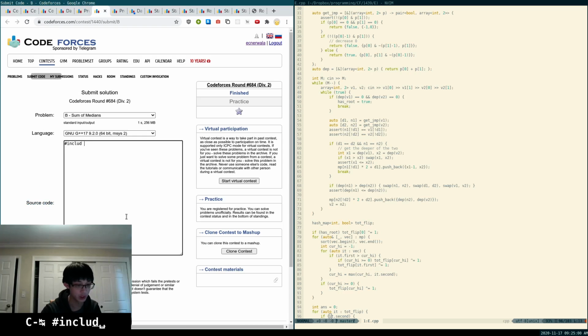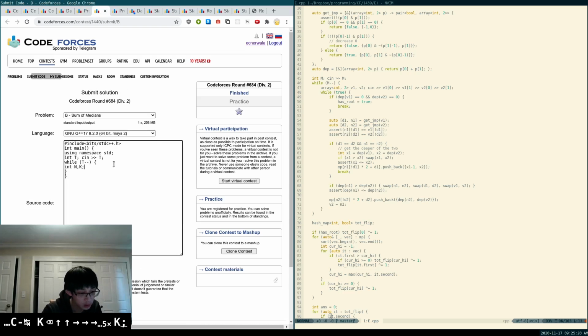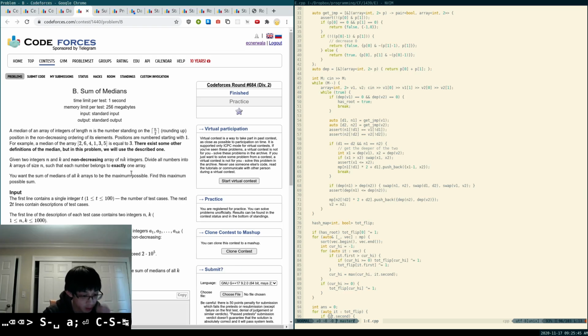Okay, so then it's a lot easier. Let me see if it's sorted or reverse sorted.